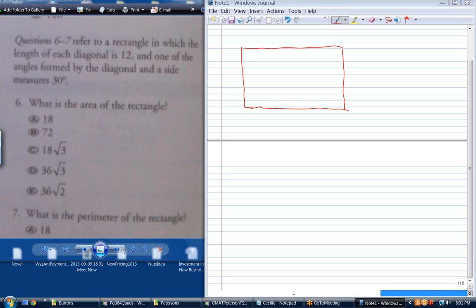Okay, let's pick up where we left off with quads. It's question 6. We're referring to a rectangle in which the length of each diagonal is 12, and one of the angles formed by the diagonal and a side measures 30 degrees.